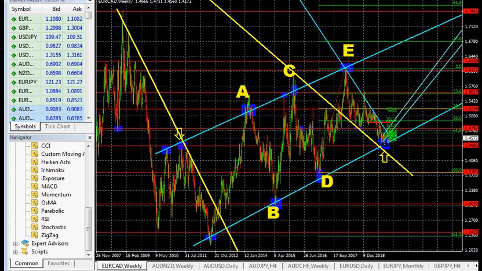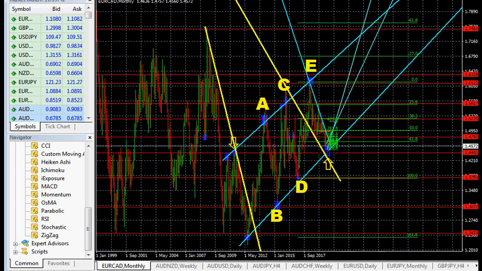Well, since we have a bigger term downtrend here, as shown in this monthly chart, we can expect a break of this trend line and a retest, which could go down to the 161 Fibonacci levels, also a very strong support level here at 1.2423.